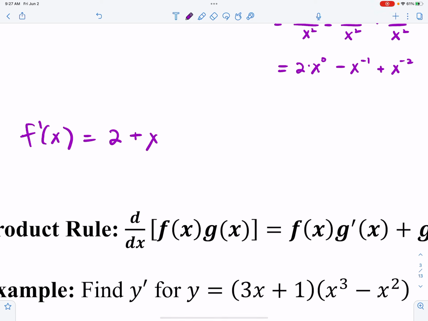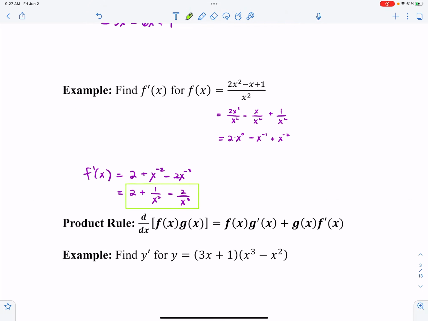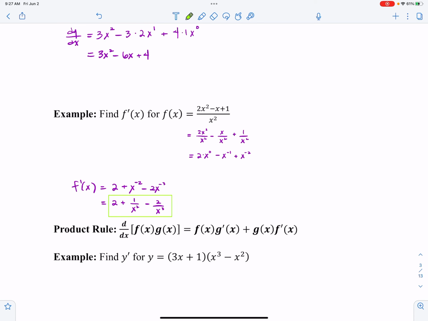That'll be plus x, subtract 1 from the exponent, to the negative second, and then minus 2x, subtract 1 from the exponent, to the negative third. And then to write this without negative exponents, there we go, that's f prime. Okay, so that would be the derivative of that function.